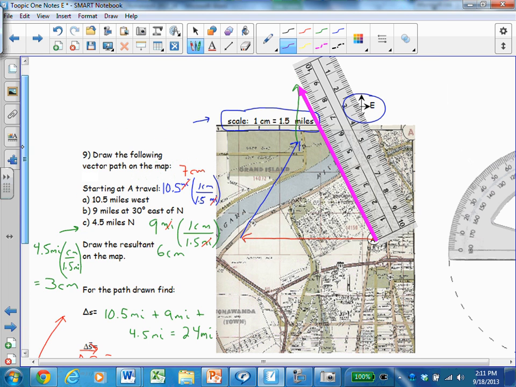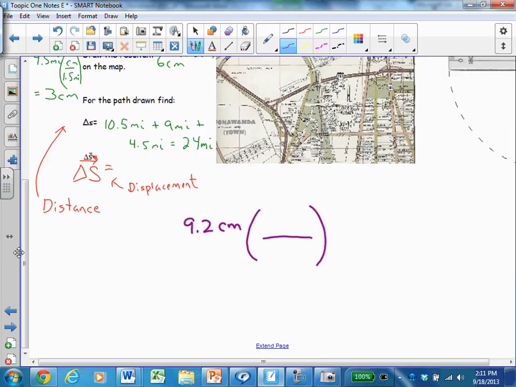1 centimeter is 1.5 miles. So what's 9.2 times 1.5? 13.8 miles. That's not the whole displacement, that's only the magnitude of the displacement.